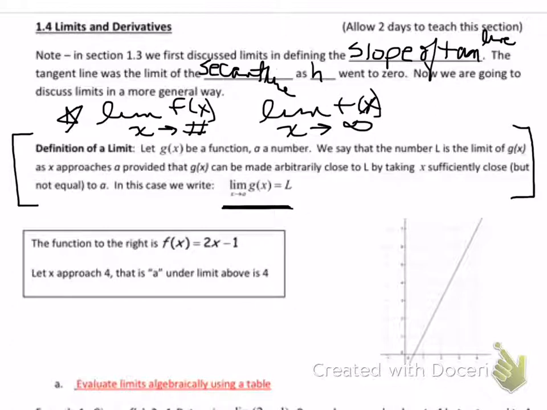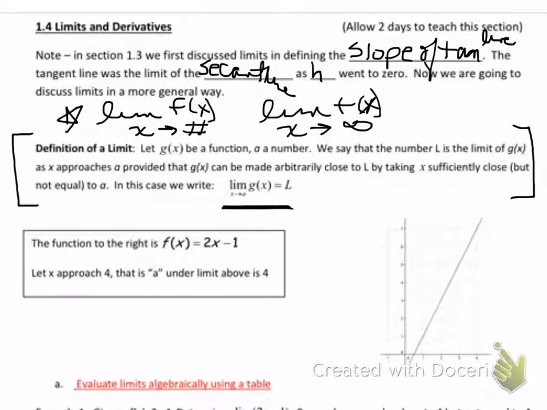We say that the number L is the limit of g of x as x approaches a, provided that g of x can be made arbitrarily close to L by taking x sufficiently close but not equal to a. In this case, we write, and here's our word sentence, the limit as x approaches a of g of x equals L.